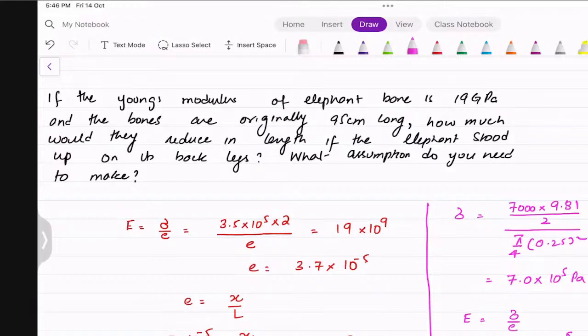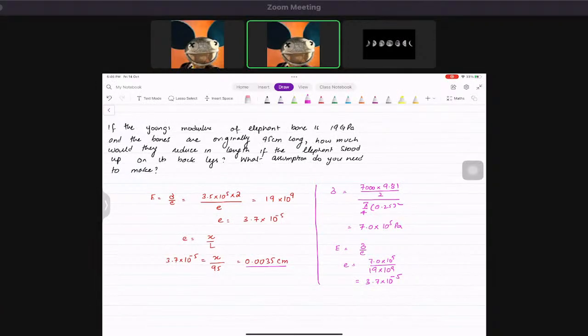Okay. All right. So now this is what you should be getting, this answer. Okay, whether you do it from the first method or second method, it's the same thing.